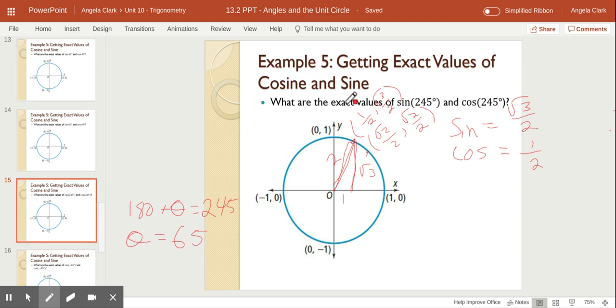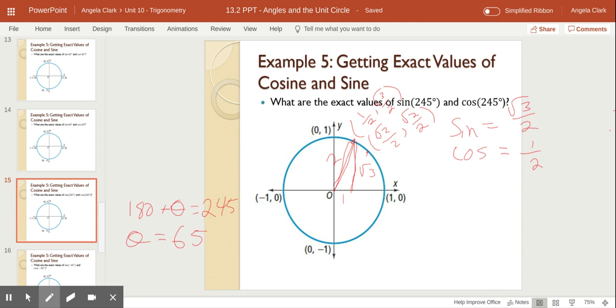So this says find exact values. We don't actually have a way to do that because this is not a special angle. So right now, in pre-calc, we'll have ways to find more exact values.